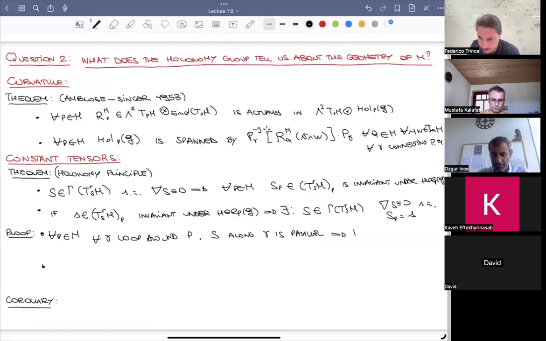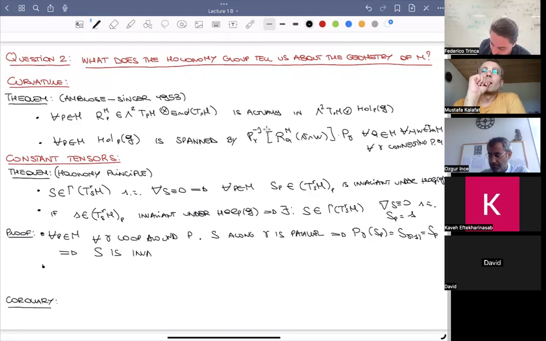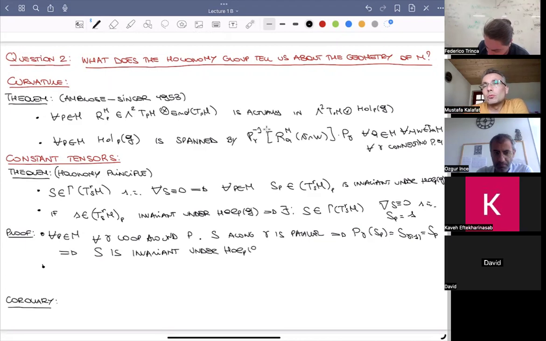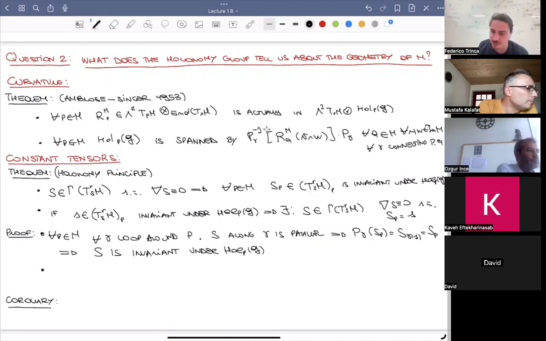So this means that P_γ of S_P is equal to S of γ(1), which is equal to S_P. And so this implies that S is invariant under the holonomy action. This proves the first part of the statement.